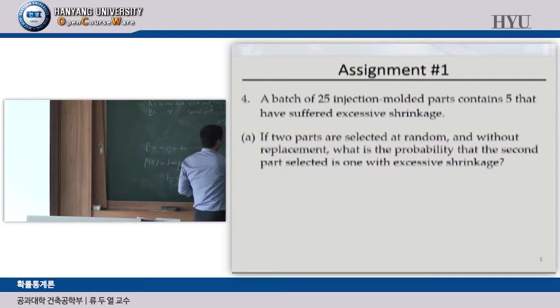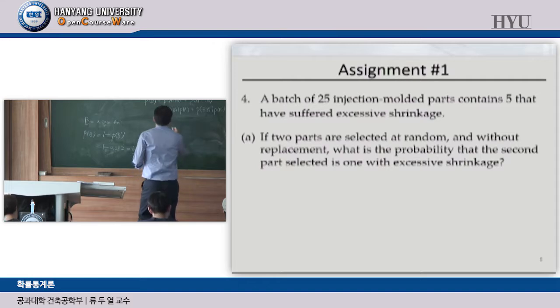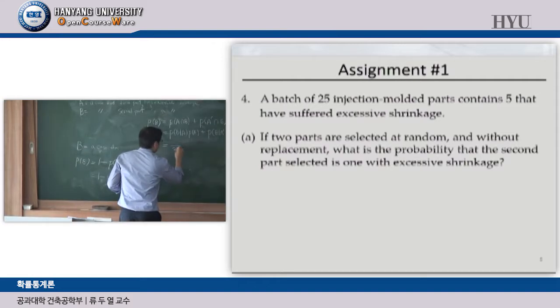So, in this case, what is the conditional probability of B given A? A was already selected, right? So there are only 24 injection molded parts left.